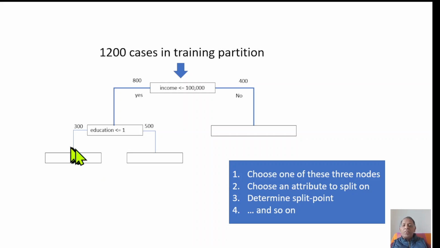So obviously it would make sense to follow that practice in the future as well. So in the future, if somebody comes along and they fall in this bucket, in other words, they have income less than or equal to 100,000 and education less than or equal to 1, then obviously it would make sense for us to give them the loan, because historically 100% of people who satisfied that condition were given the loan.